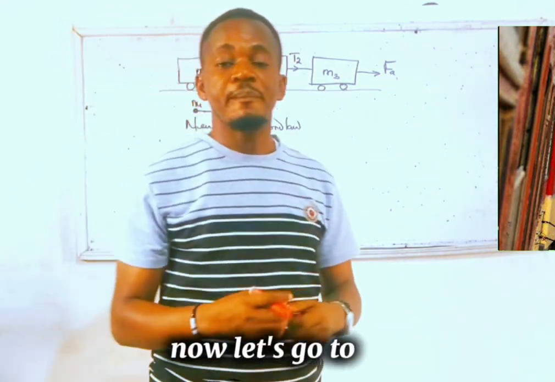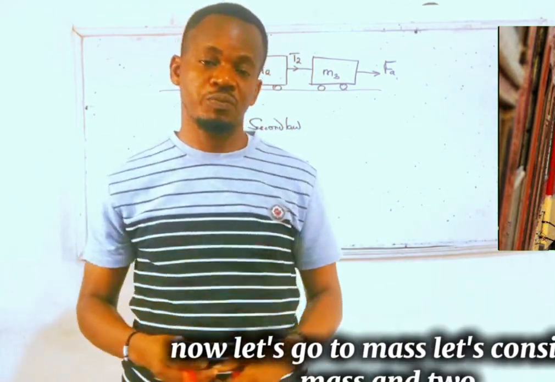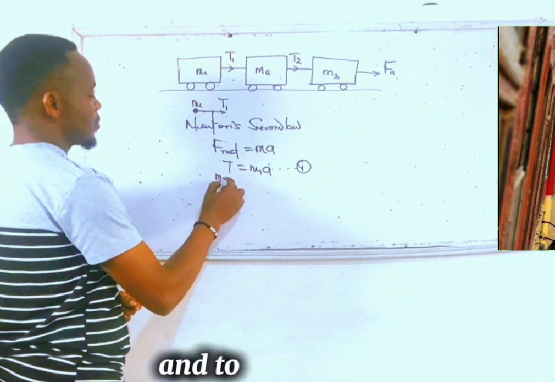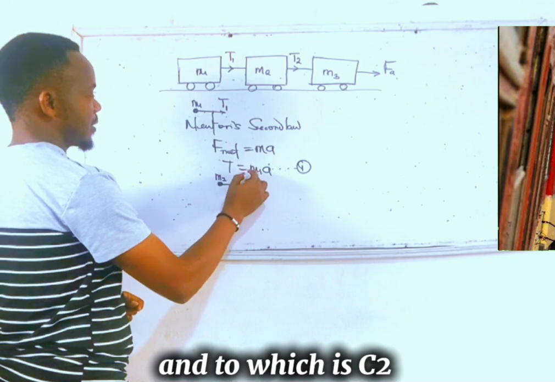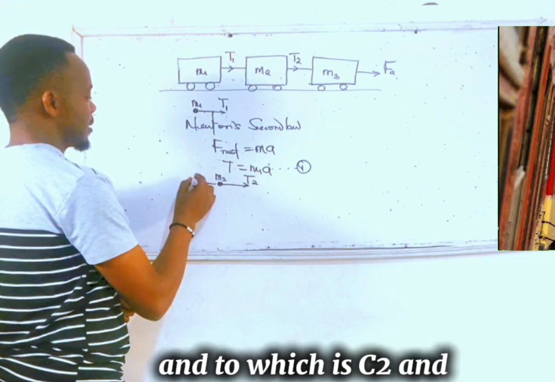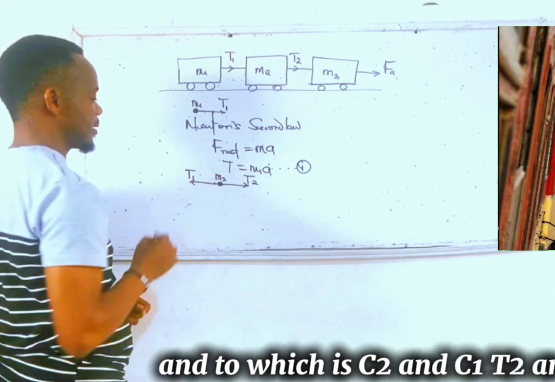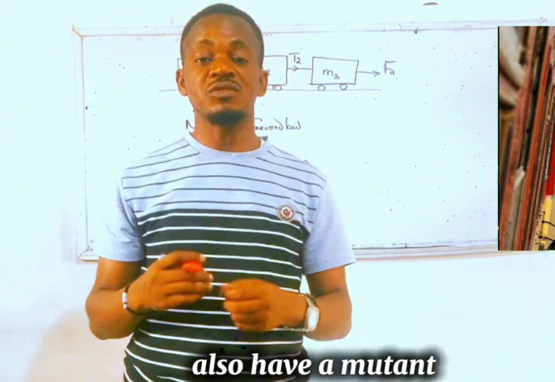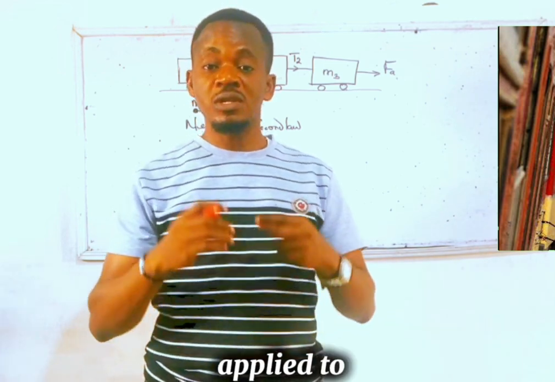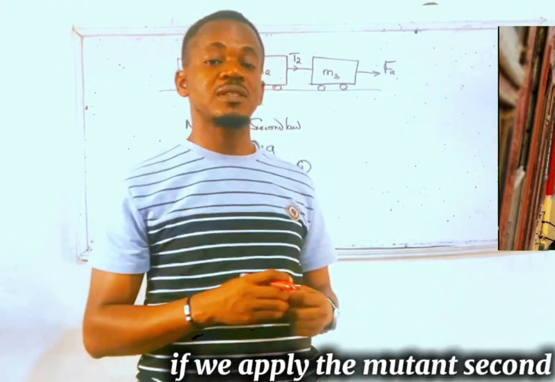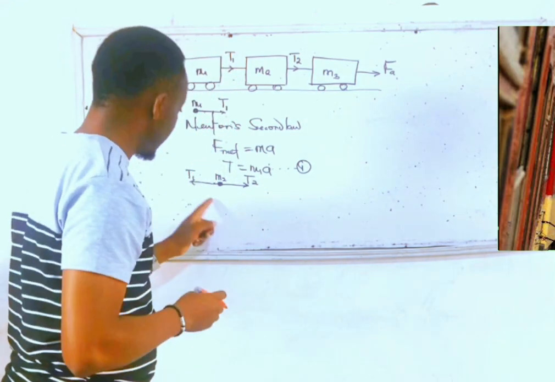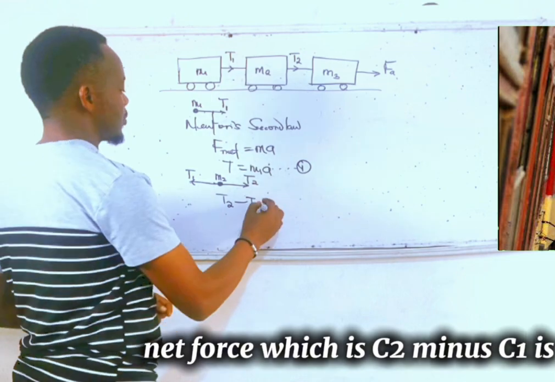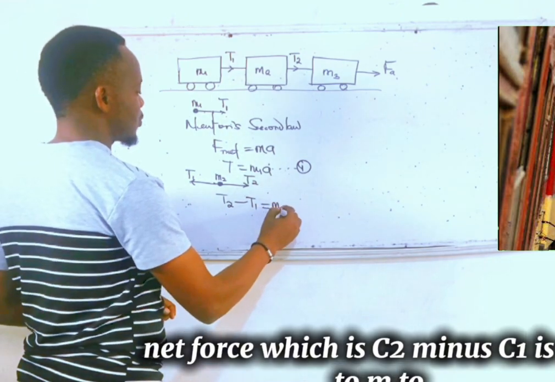Now let's consider mass M2. For M2, we have T2 and T1. If we apply Newton's second law to the second mass, the net force is T2 minus T1, equal to M2A.